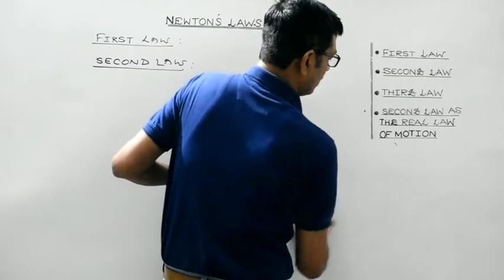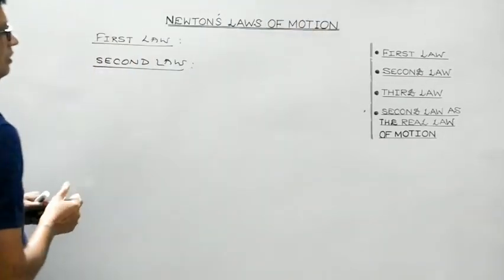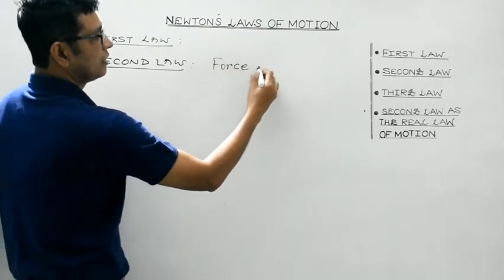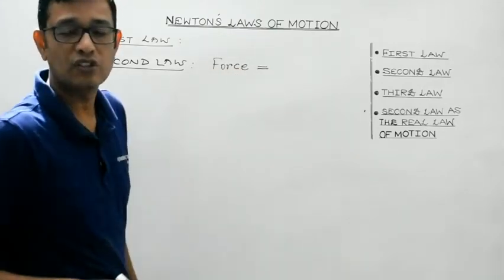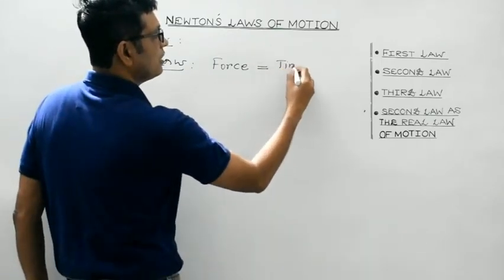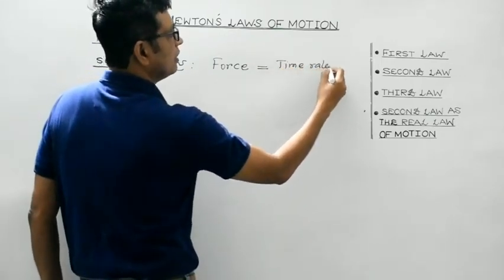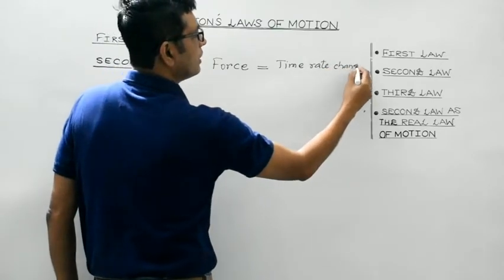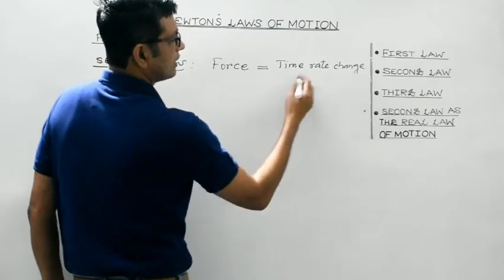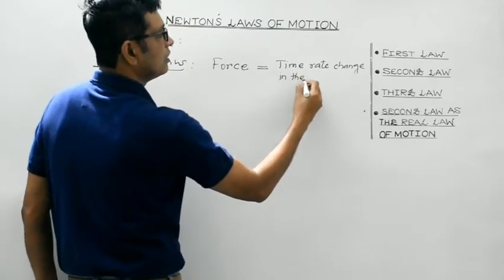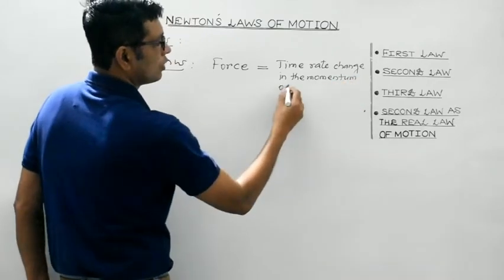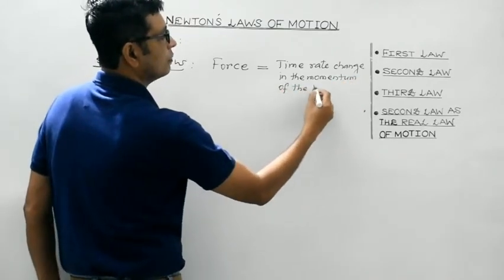That is, the force, which is the external force acting, if you write the constant of proportionality as 1, it is time rate change in the momentum of the body.